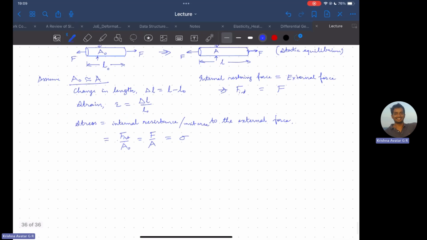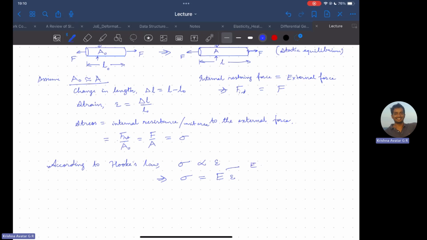Now, as per Hooke's law, sigma is proportional to epsilon. And this implies that sigma is equal to some proportionality constant, we call it capital E, into epsilon.